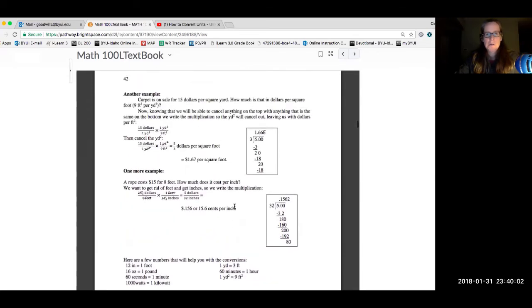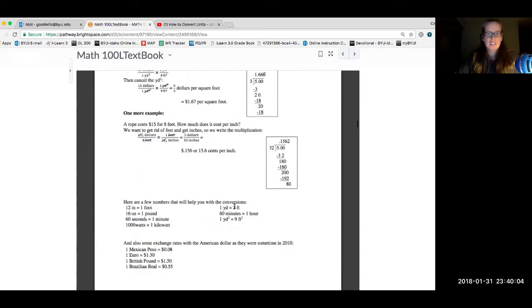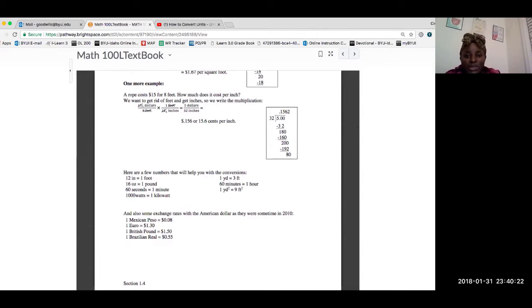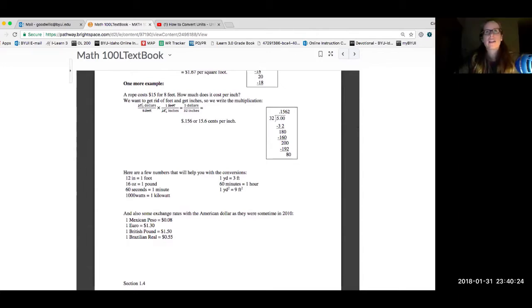Page 42. Here it is. Here are a few numbers that will help you with your conversions right there. Okay, does that help, Lena? Yes, very much. Thank you. All right, let's go back to this.